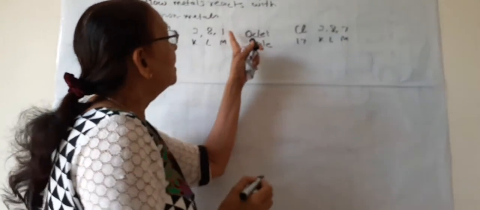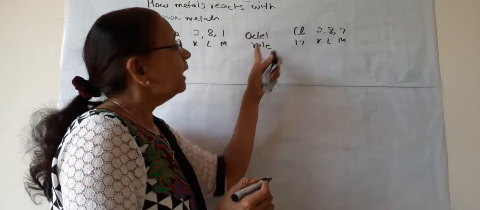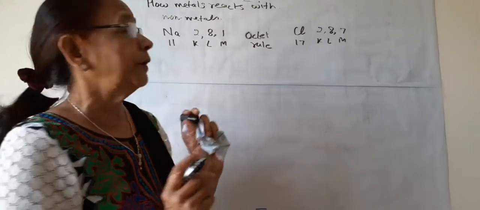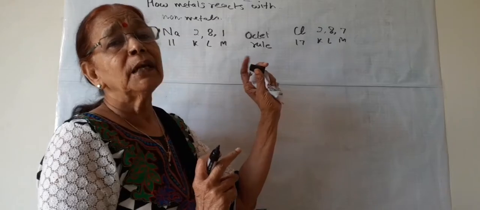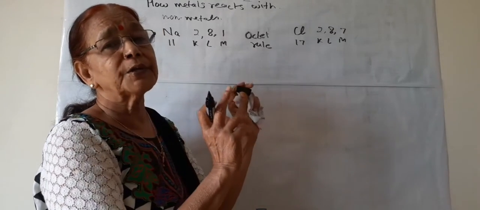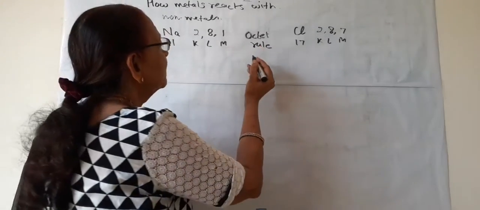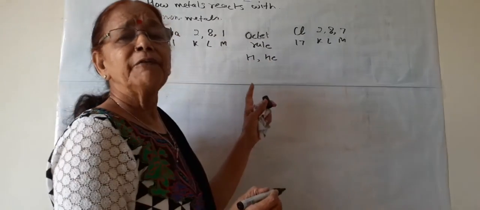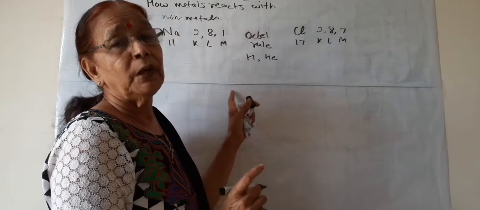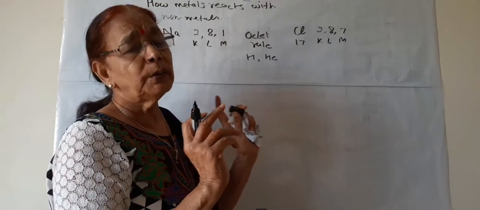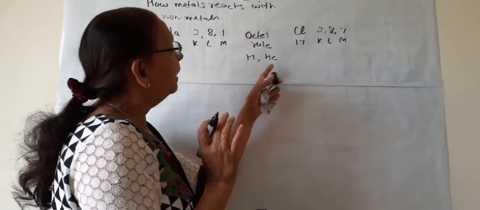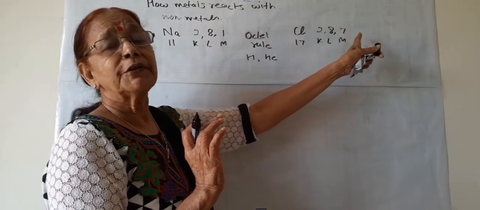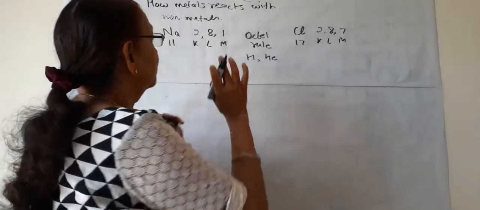It means if 8 electrons are present in the last or valence shell, then it will be a stable configuration. And all the elements want their configuration to be stable. The only exceptions are hydrogen and helium, which follow the duplet rule, where 2 electrons are present in the last shell. Apart from these 2, all want their valence shell to have 8 electrons.